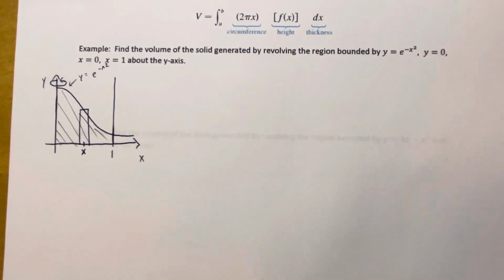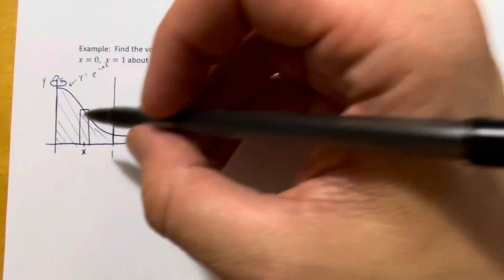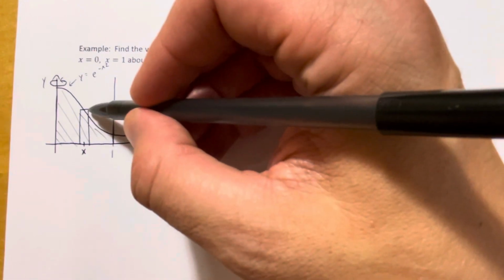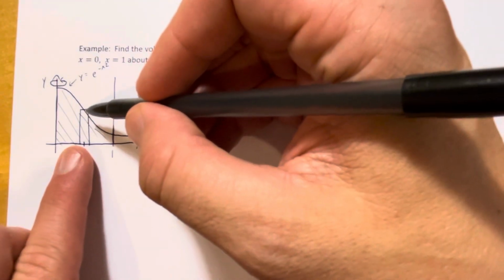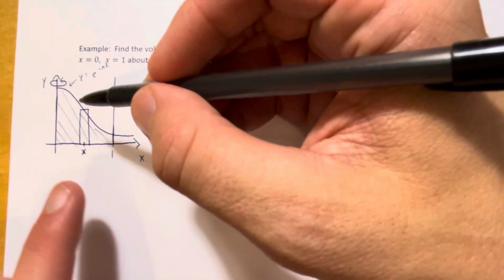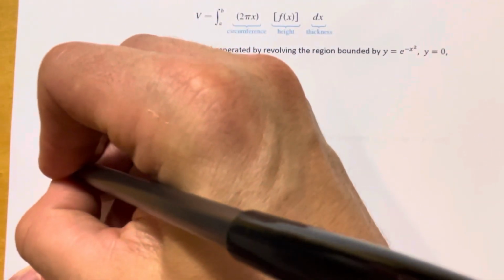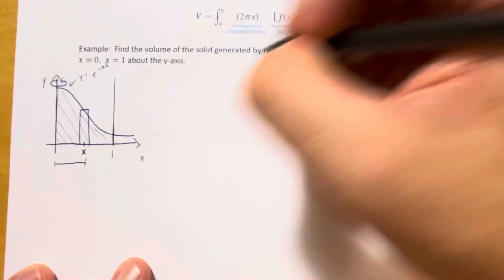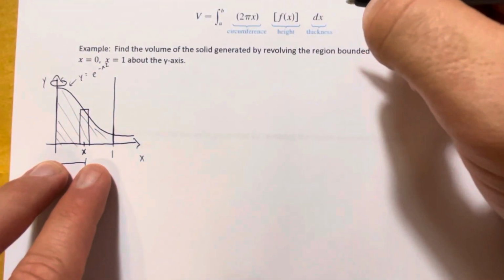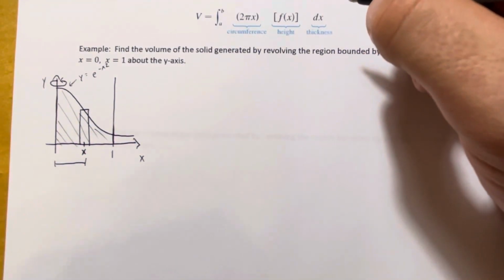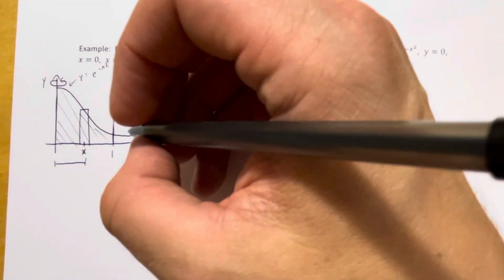Okay? So think about if I were to rotate this rectangle about the y-axis to create that cylindrical shell, then the distance from x to the y-axis is going to become the radius of that cylindrical shell.